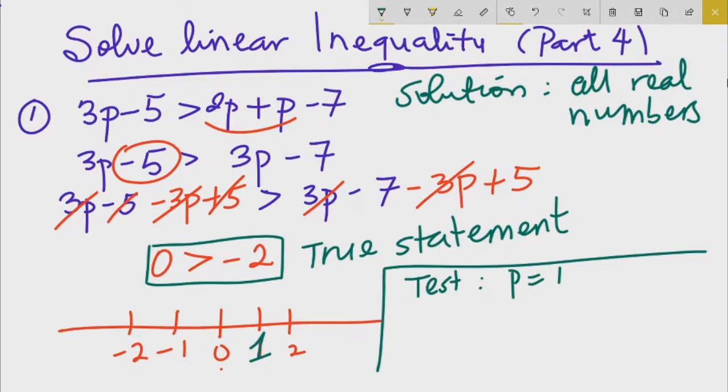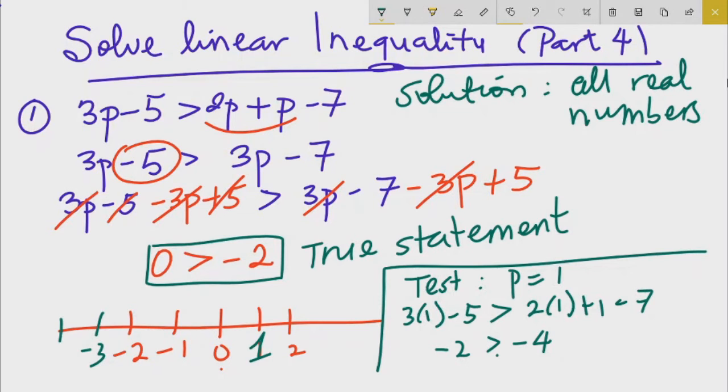That means we have 3 multiplied by 1 minus 5 greater than 2 multiplied by 1 plus 1 minus 7. So 3 multiplied by 1 is 3, minus 5 is negative 2, greater than negative 4. You can see negative 3, negative 4.